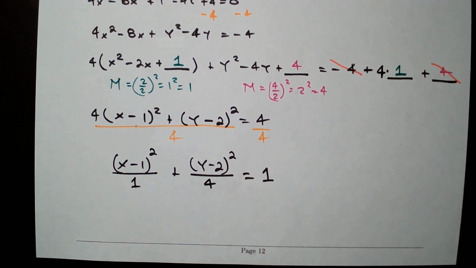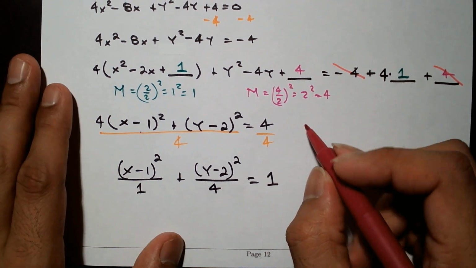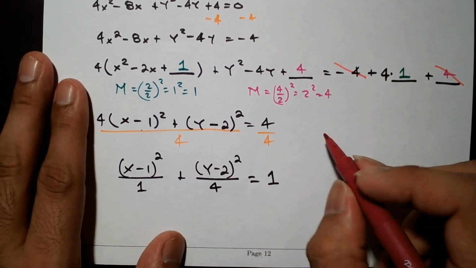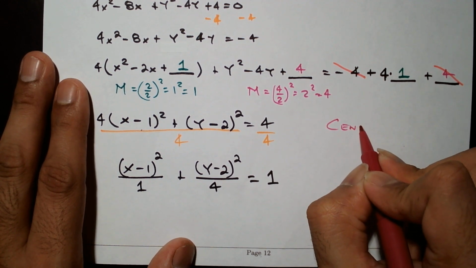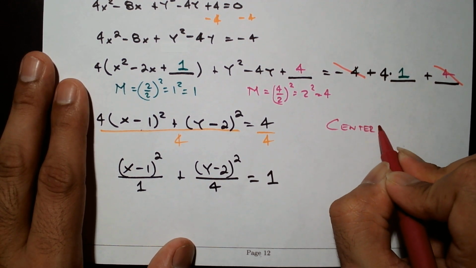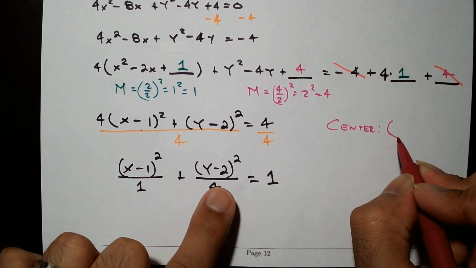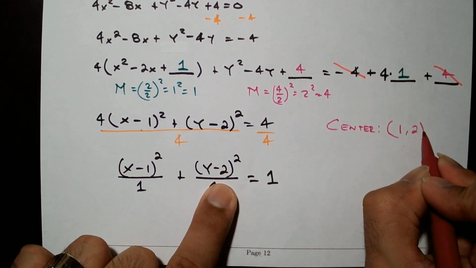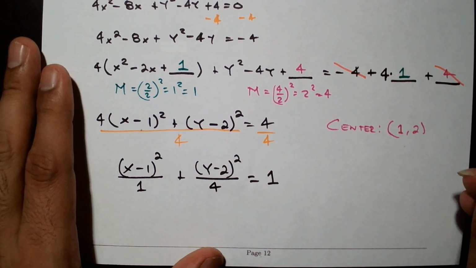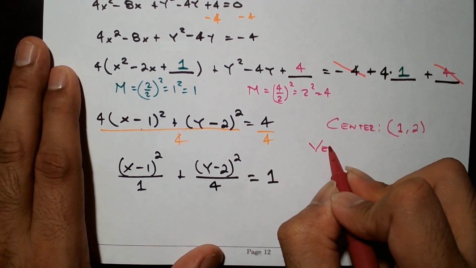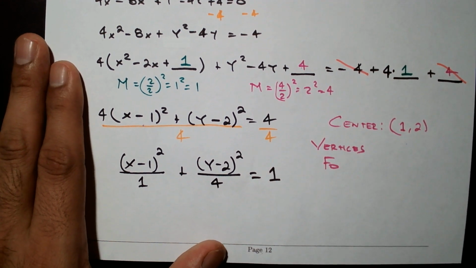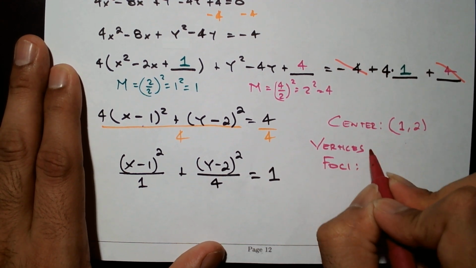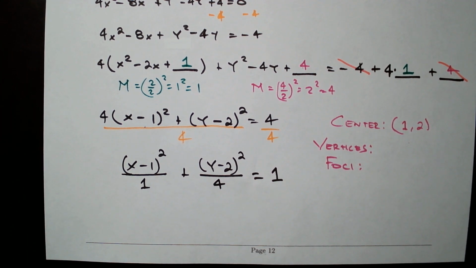All right, so from here, I think we can analyze everything. So center. The center, which is located at 1, 2, and vertices, foci. Maybe I will do the co-vertices depending on how ugly the numbers are.